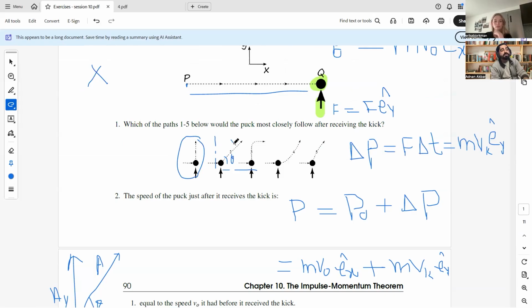As it is velocity, we have found its two components: one is a horizontal component v naught, and the other is a vertical component vk. So the second direction of motion satisfies our logic that a vector can only be resolved into its components if it is lying at some angle, and you are unable to resolve it if it lies in a specific direction along the x or y axis.